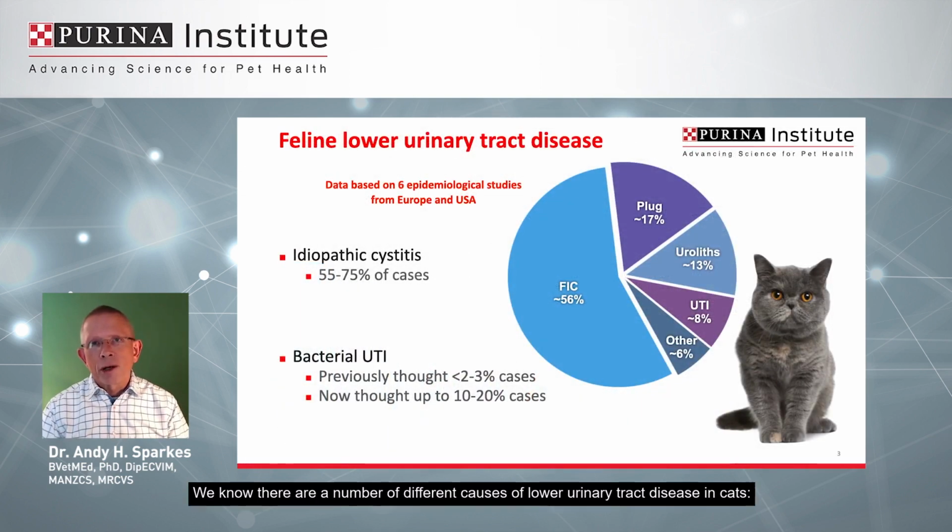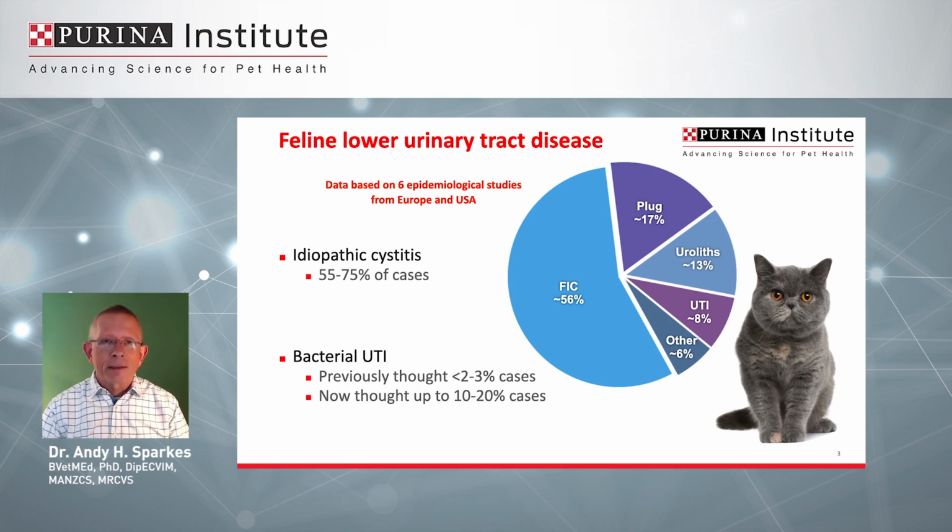And of course we know that there are a number of different causes of lower urinary tract disease in cats. Urethral obstruction, urolithiasis, urinary tract infections, and a variety of other things. And of course we have this big category in cats that is idiopathic cystitis.